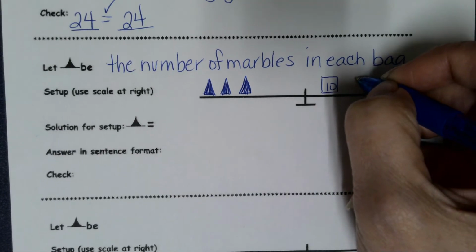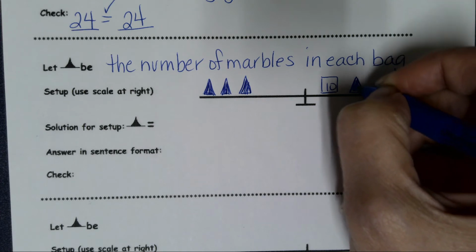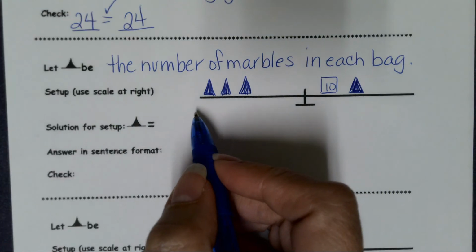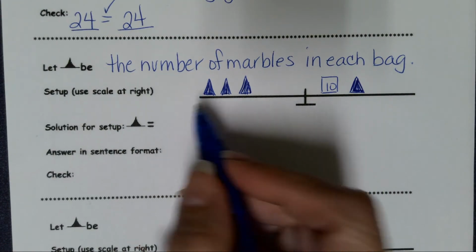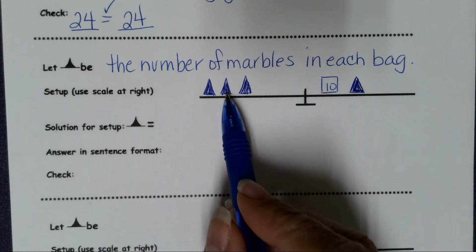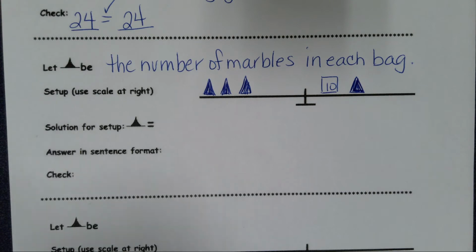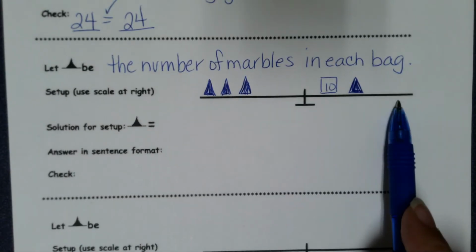So Jenny's only got 2 bags, one of which has 10 marbles in it, and the other one we know is the same number as what Jess had. The reason I did them on opposite sides is because it says if both girls had the same number of marbles, so I know my left side must be equal to my right side.